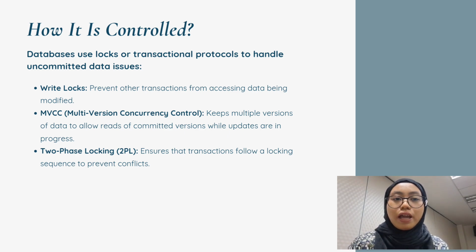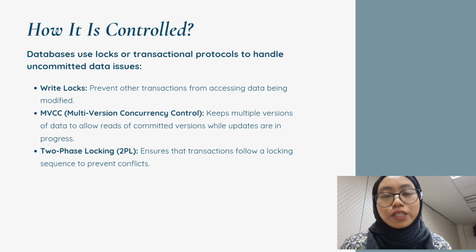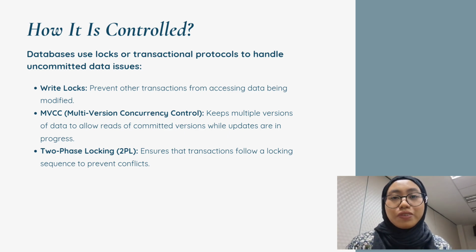Other than that, MVCC, which is multi-version concurrency control, can keep multiple versions of data to allow reads of committed versions while updates are in progress. Other than that, two-phase locking, which can ensure that transactions follow a locking sequence to prevent conflicts.